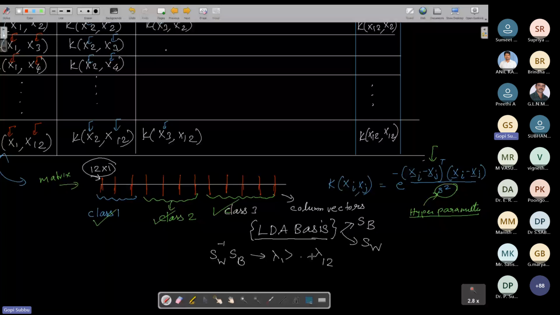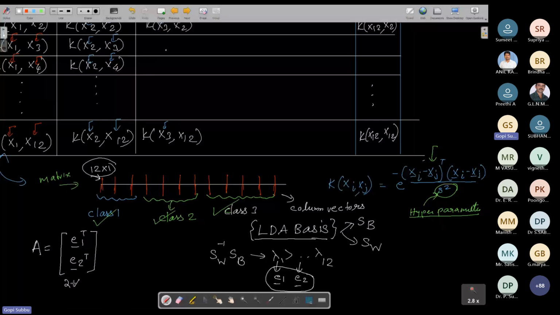Out of that, you are going to select only a few significant eigenvalues, and then you are going to find the corresponding eigenvectors, right? Say for example, you selected only 2 eigenvectors, then you are going to have the matrix A. Let me call it matrix A. Matrix A is now constructed using these eigenvectors arranged row wise. Remember that this matrix is of size 2 cross 13.